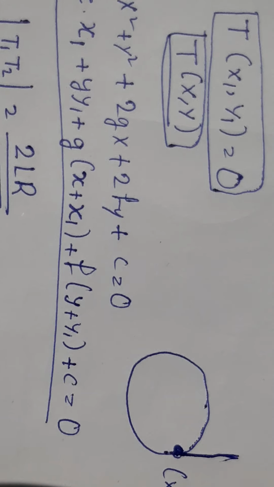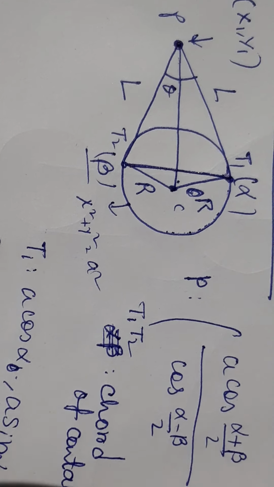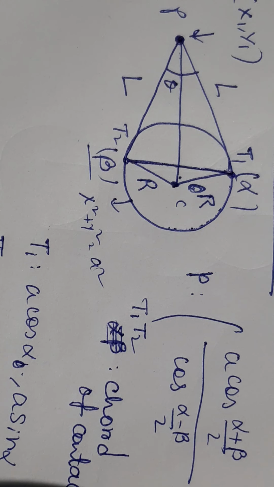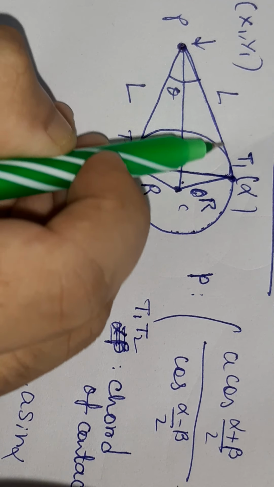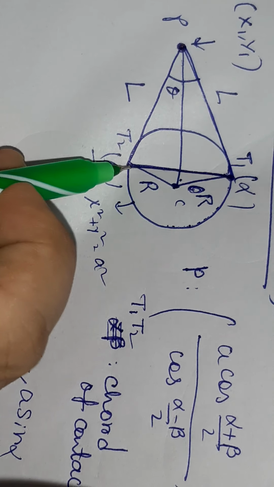Now we can find out the area of this triangle PT1 T2, that is, this PT1, this and this.